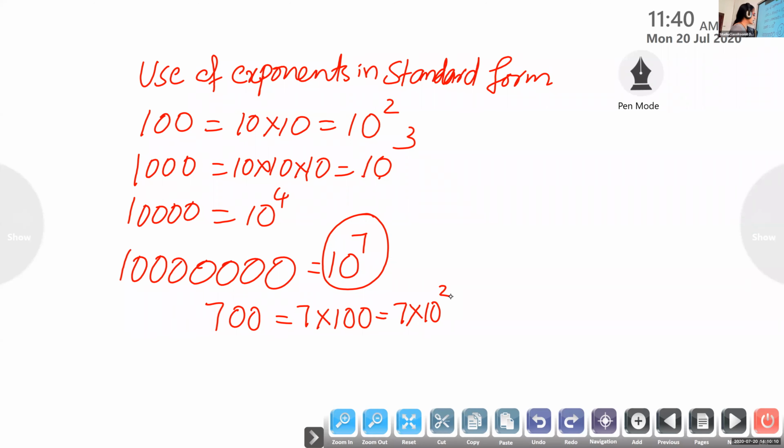In the standard form, we will write only one digit in the integer part. 7 into 10 square. Next, 8,000 will be written as 8 into 1000, or 8 into 10 cube. Write this.